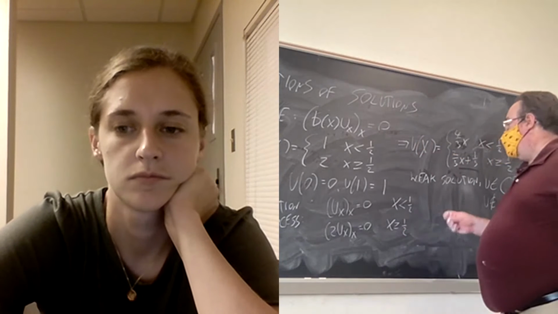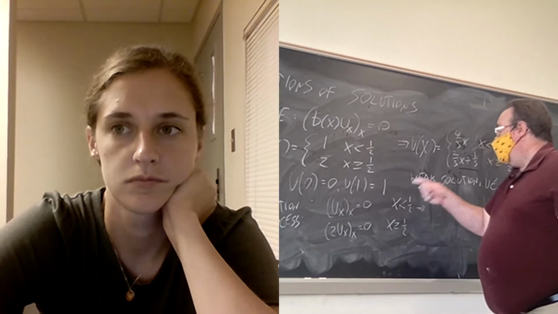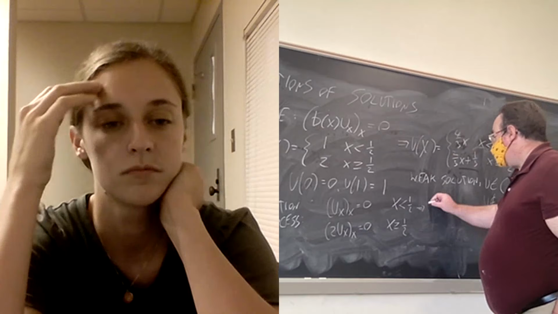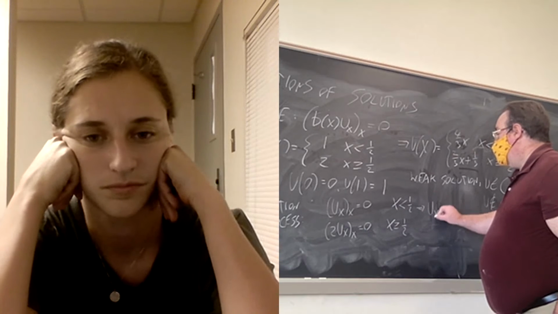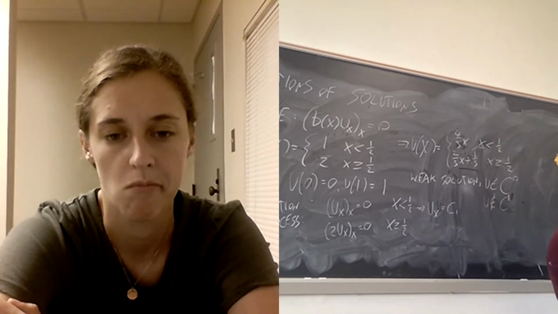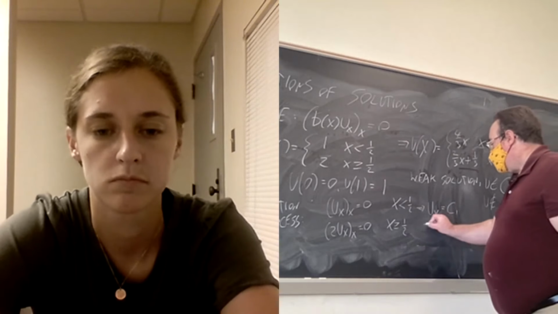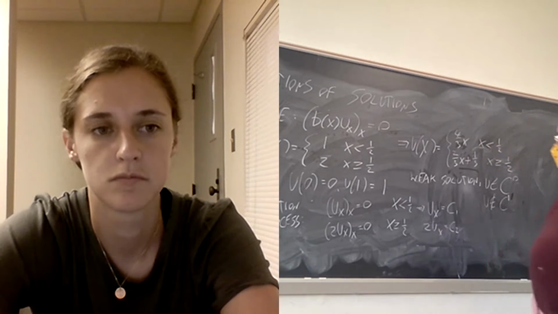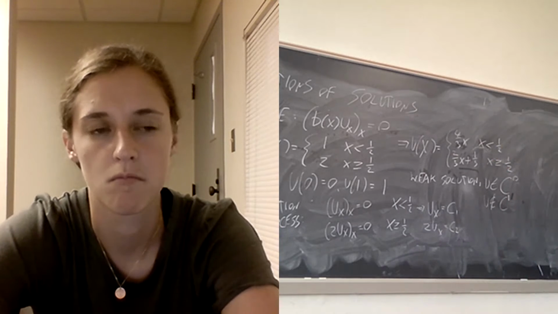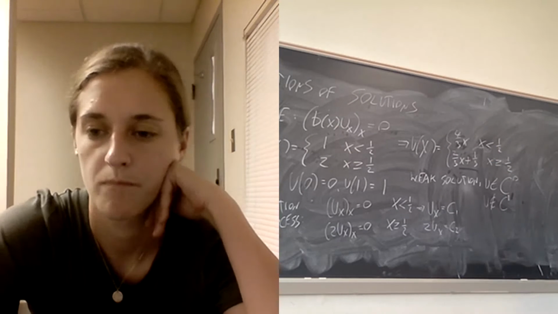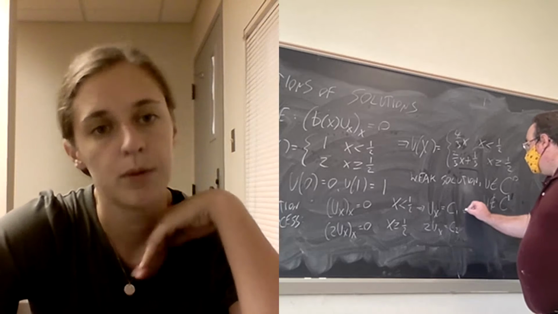So like I said before, integrate both sides, and I get ux is equal to a constant, I'll call it C1 over here. And then I'll have 2ux is equal to C2 over here. And then I go ahead and integrate both sides again.